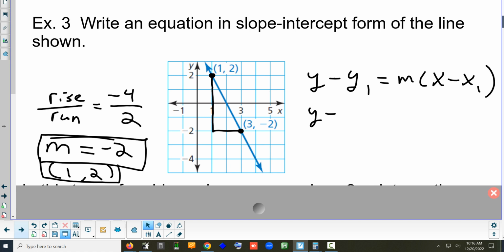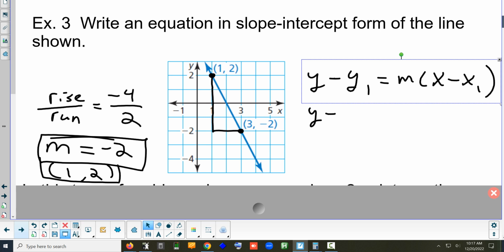Alyssa, what's going to happen to my y1? Stay the same, or is it going to change? It's going to change. So we need to fill in the number that it changes to. Here are your 3 choices. Negative 2, 1, and 2. The negative 2 is not equal to the y1.